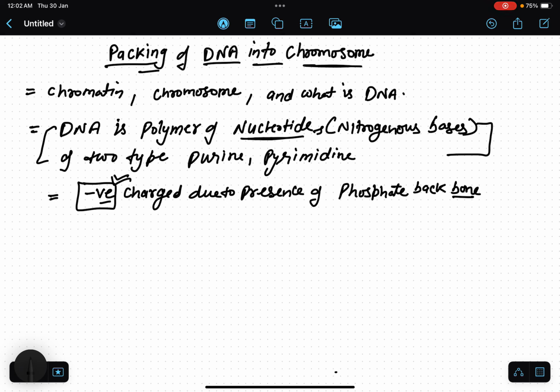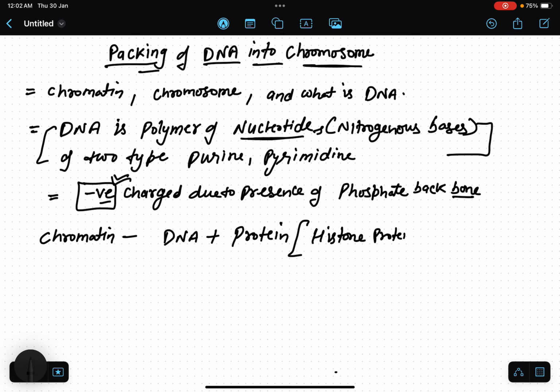Now what is chromatin? Chromatin is DNA plus protein, and protein may be of two types, either histone protein or non-histone protein.